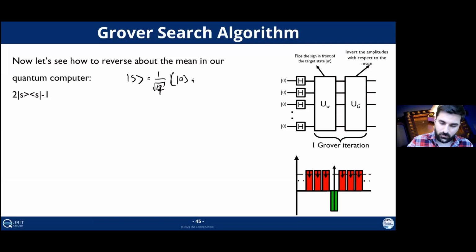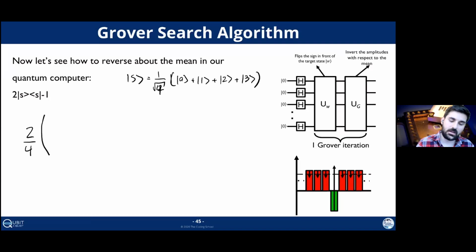0 plus 1 plus 2 plus 3. So this outer product will give me 2 times, okay, there's a factor of 1 divided by square root of 4, and then it becomes squared. So I have 2 over 4 times a matrix with all the elements being 1.